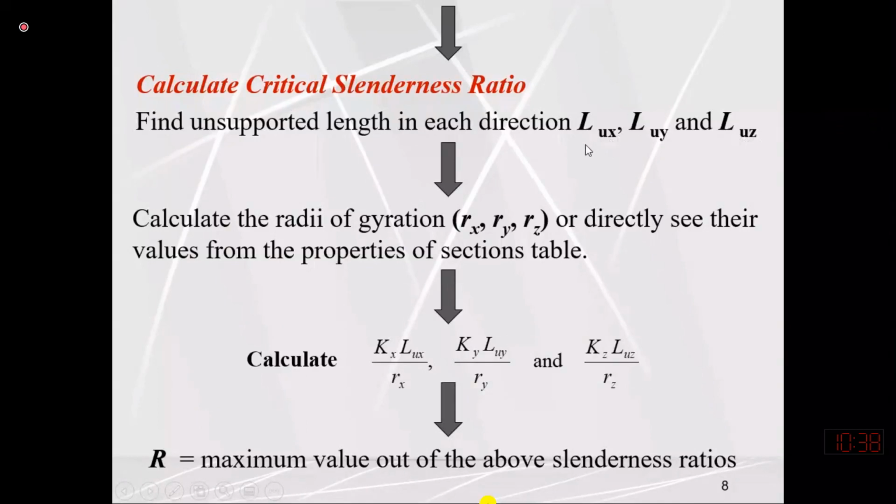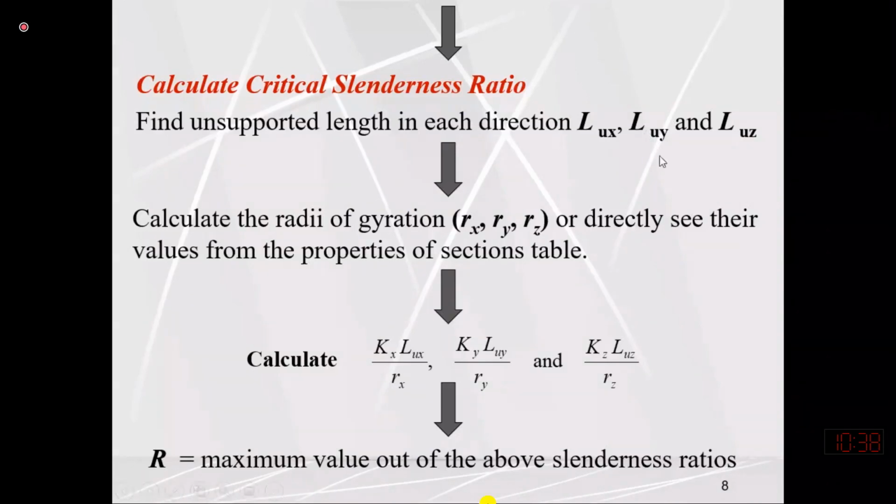If no bracing is provided, then the unbraced length about x-axis and y-axis will be the same. But if we have provided bracing about the weaker axis, then the unbraced length about x and y axis may be different. We will see these cases when we solve some numericals.